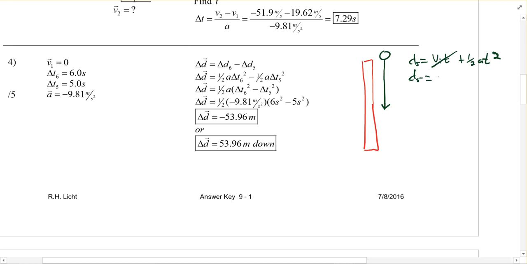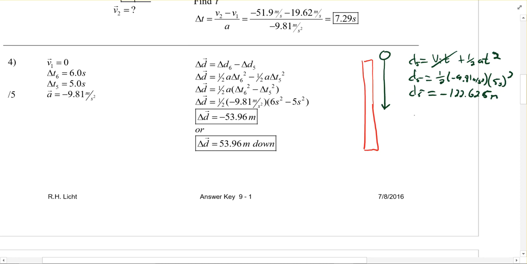That's going to be equal to 1/2 times negative 9.81 meters per second squared times the time of 5 seconds squared. All right, so the distance, D5, would end up being negative 122.625 meters. Okay, so that's the distance it would drop for that.